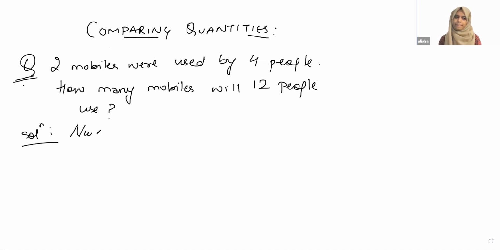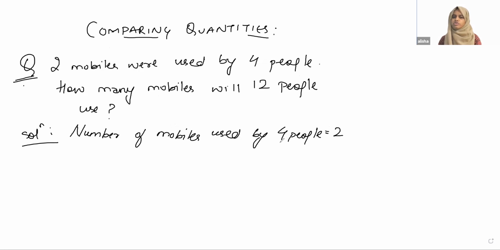Number of mobiles used by 4 people is equals to 2. Is there any doubt? The same thing the question is telling us. Here it is written 2 mobiles were used by 4 people. I have just rearranged the sentence and what am I writing? That number of mobiles used by 4 people is equals to 2. Right or wrong, Aisha?